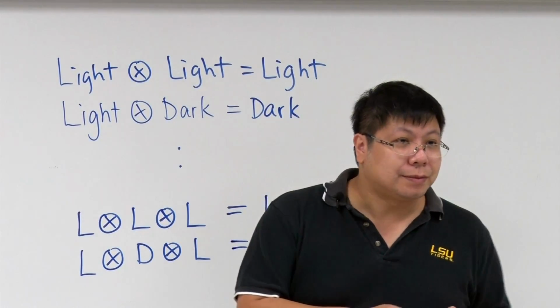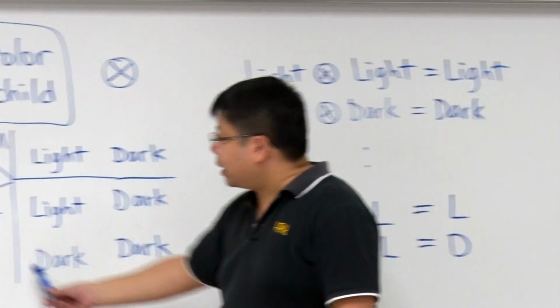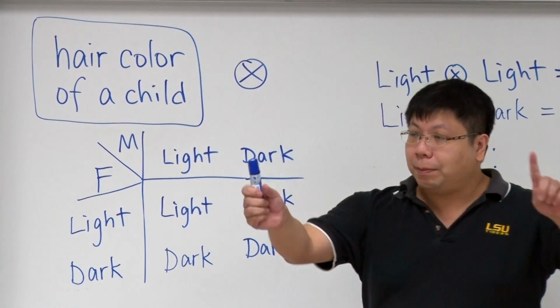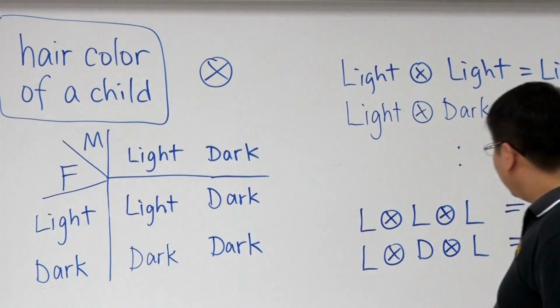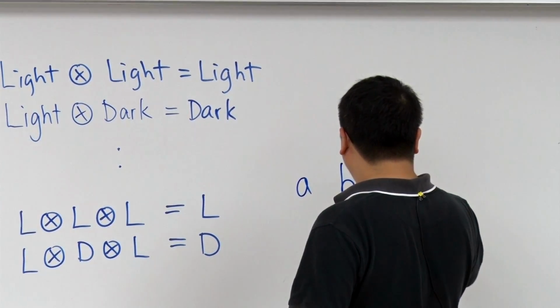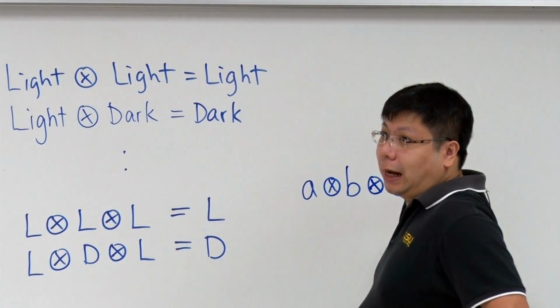In fact, if you look at this more carefully, when do we get a dark? When one part is a dark, we get a dark. Is that okay? So if I have something like A, B, C crossed together, it is actually asking whether there is a dark.